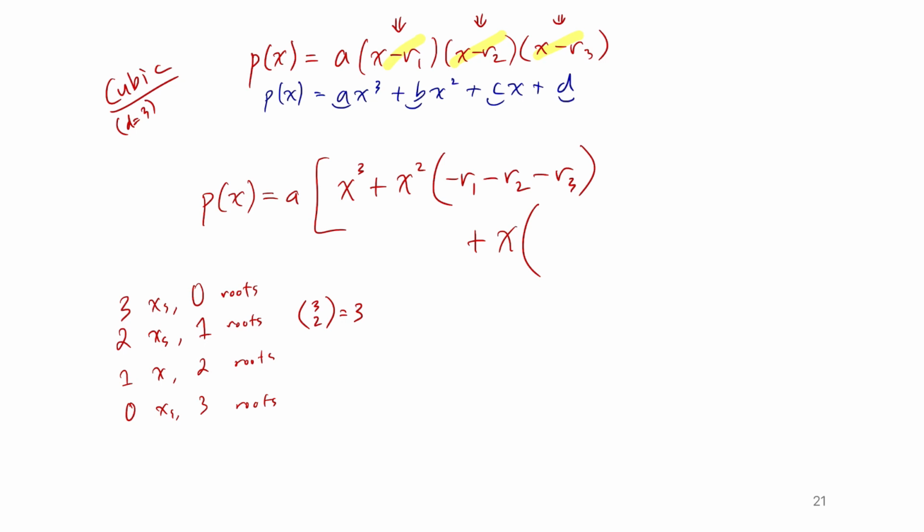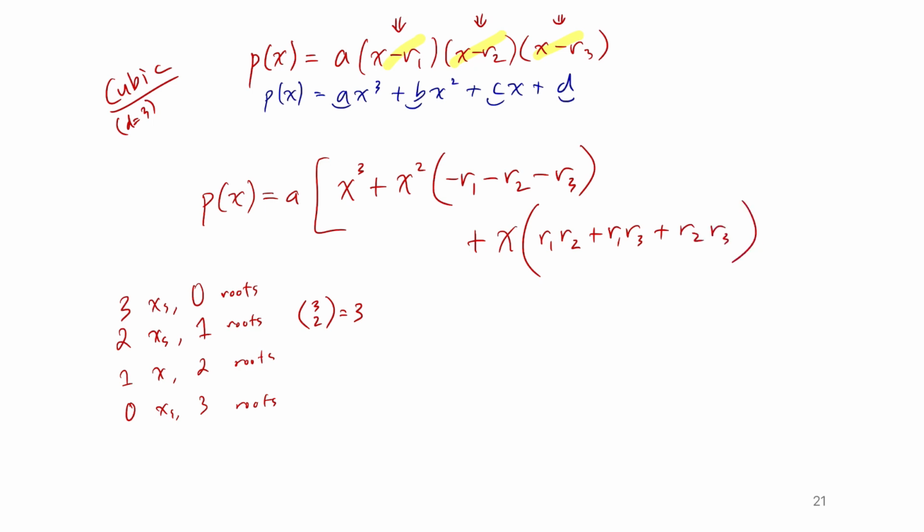And notice, since we have the roots written as negative r1, when I multiply an odd number of them, the sign will still be negative. If I multiply an even number of them, the sign will be positive. Is that clear? Okay. So I have x, so I can multiply the first 2, or the first and the third, or the second and the third.